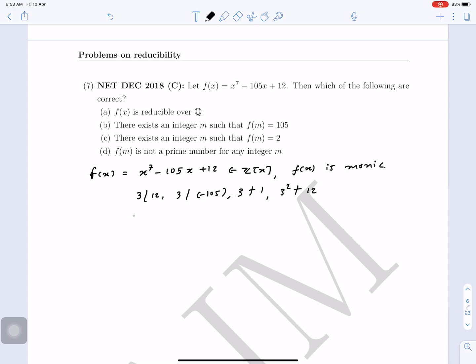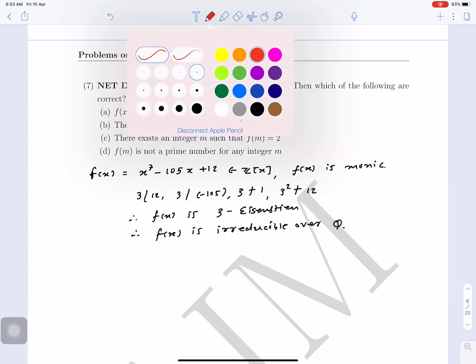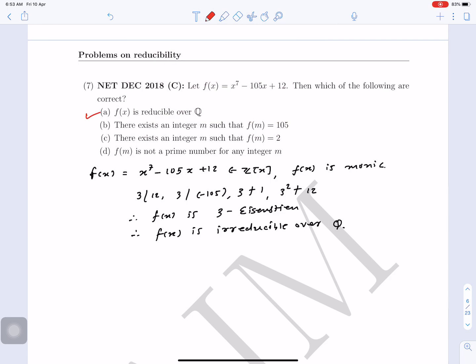So therefore f(x) is 3-Eisenstein. So therefore f(x) is irreducible over Q. So therefore option A is correct.